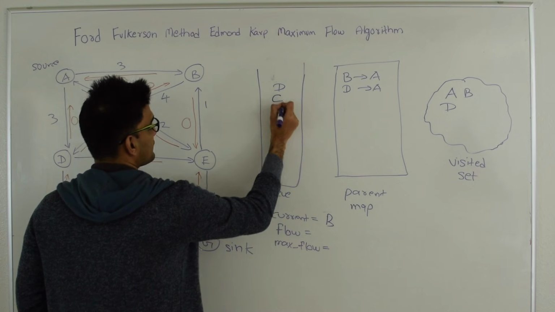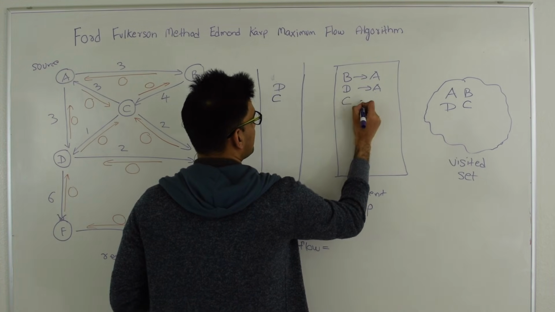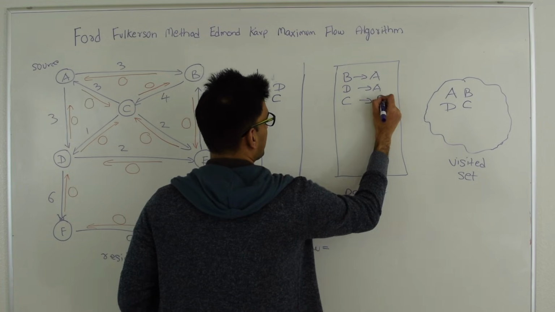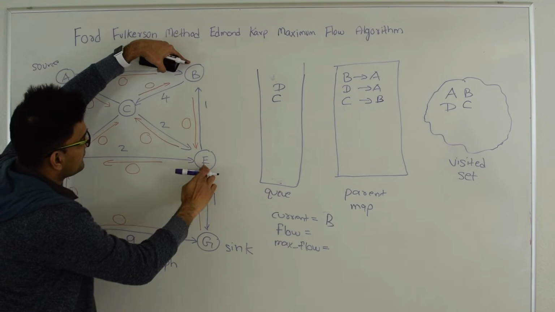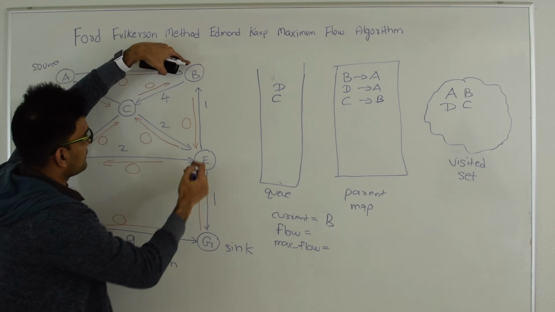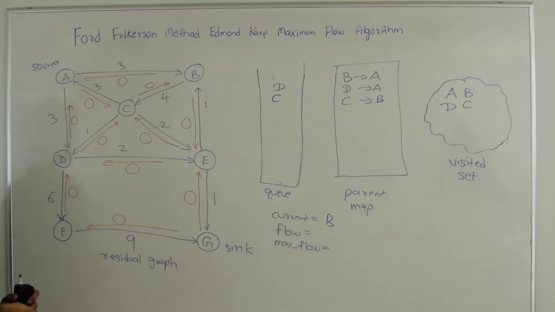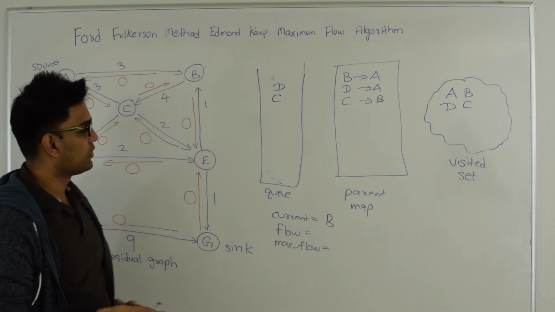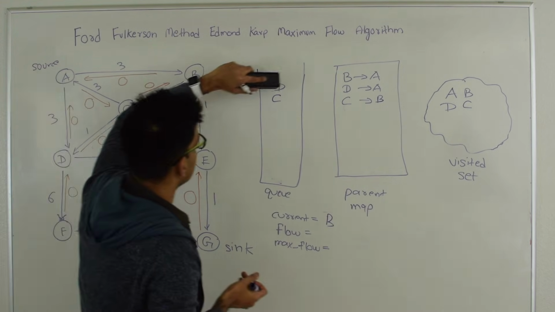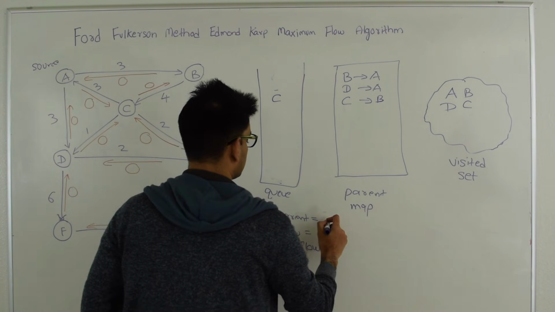So let's add C to the queue, C to the visited set, and also say that C got introduced by current, which is B. Then this E also cannot be visited because the residual capacity on this arc is 0. So we are done exploring B. So let's again go to the queue, get the item at the top of the queue, which is D, and mark current as D.